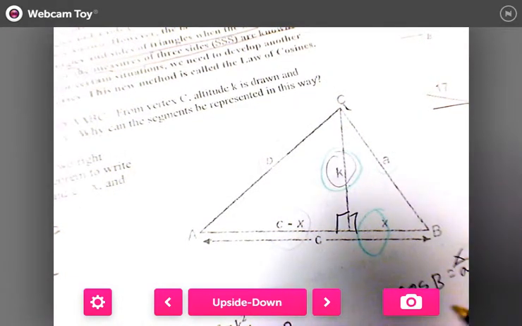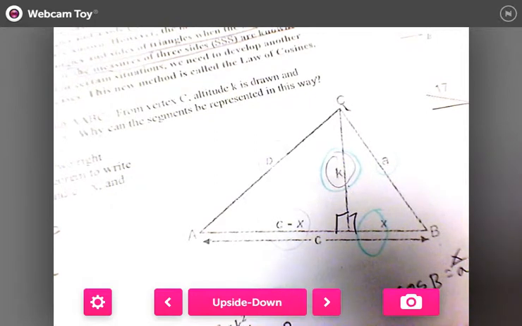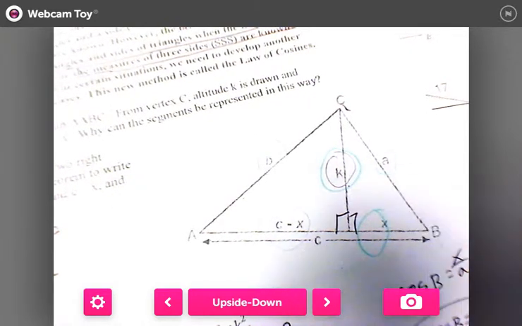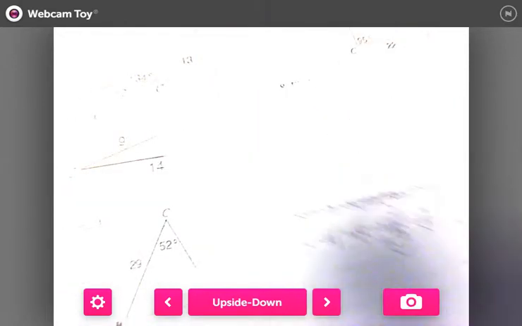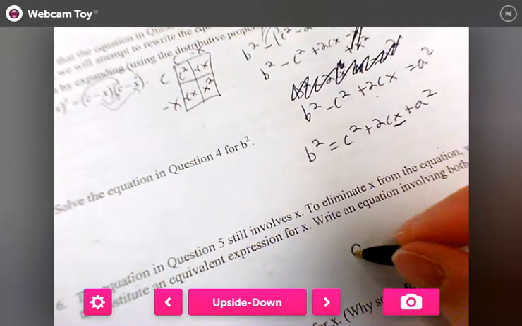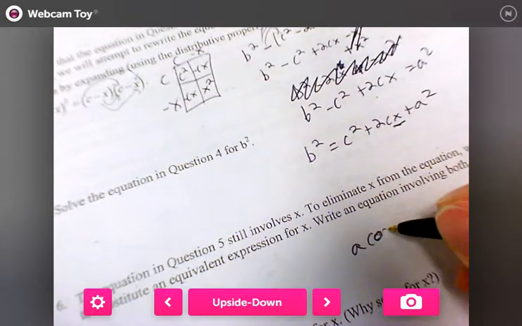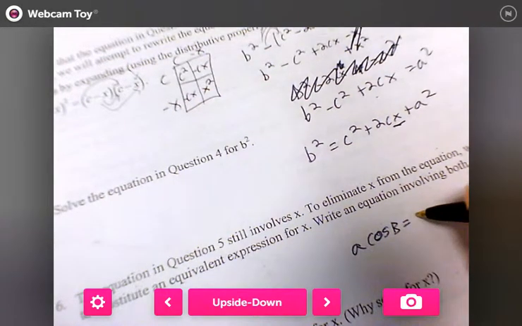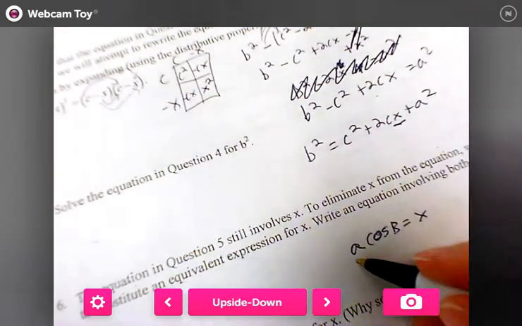So if I want to get x all by itself, I get a cosine b equals x. And so wherever I see x, I want to put this.